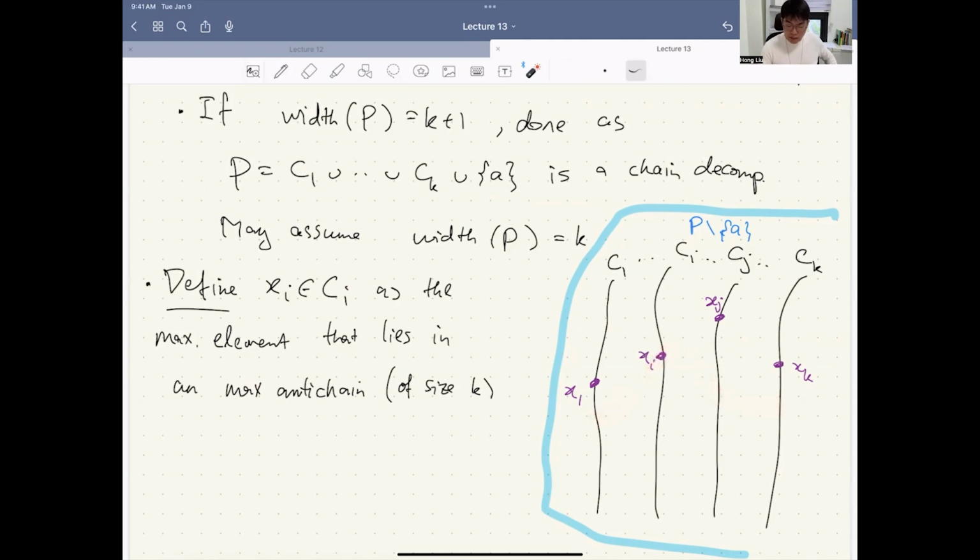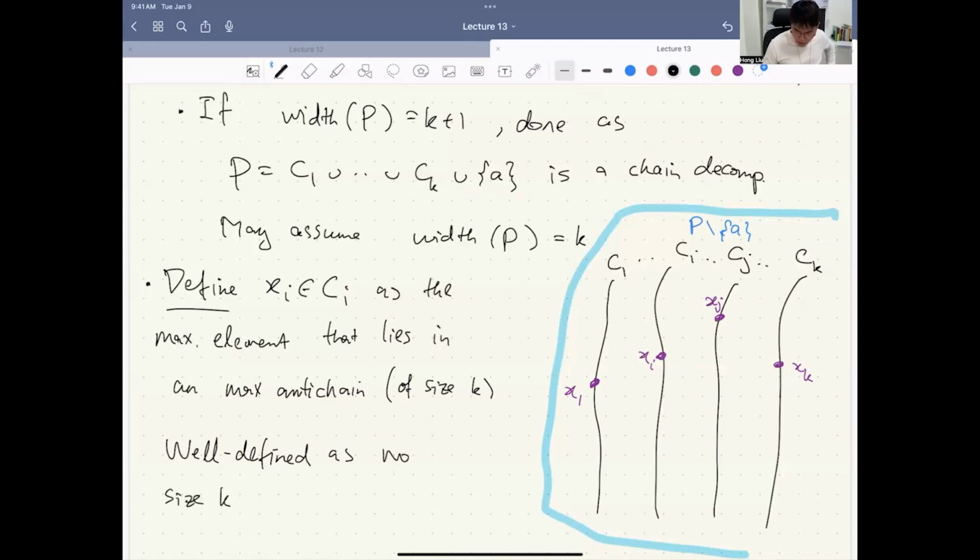This is well defined. First of all, we have to check this is well defined. The xi are well defined as no size k anti-chain can miss a chain in C1 to CK.